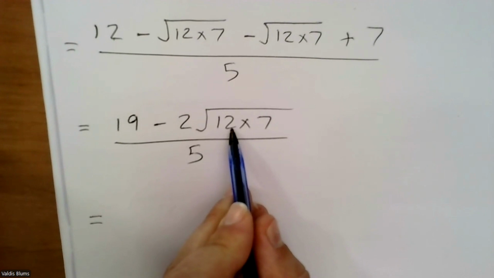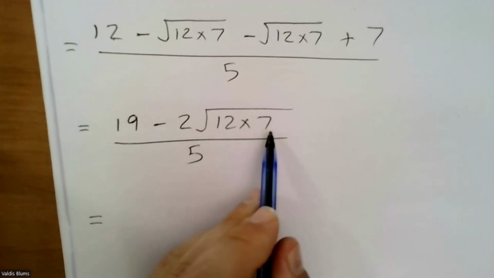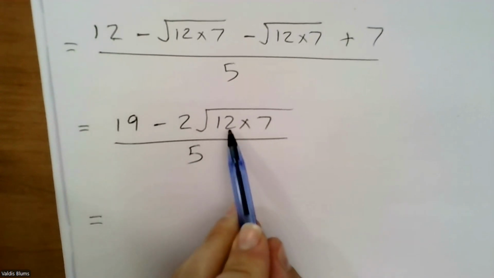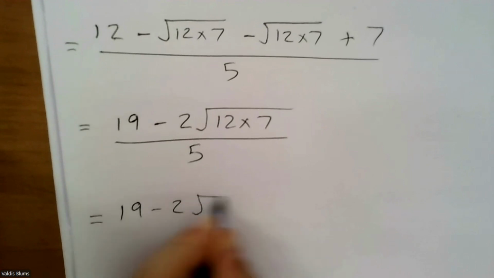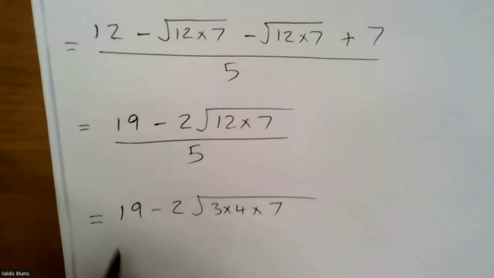Now 12 is 3 times 4. So again, instead of combining them into a larger number and then trying to figure out what factors or what complete squares can get pulled out, I just go, well, 12 is 3 times 4. So that 4 is going to get pulled out. So we have 19 minus 2, so 12 is 3 by 4, and then we still have that 7 there.